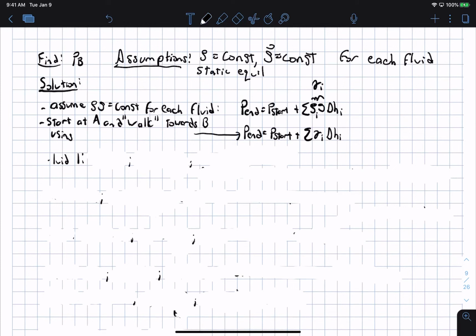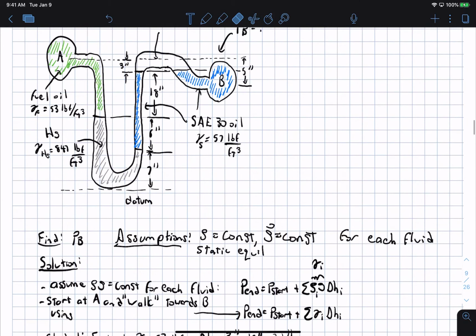And so for fluid 1, which is the fuel oil, we just write down what we know about fluid 1. We know that gamma 1 is 53 pounds force per cubic foot. And now we just start keeping tabs on the change of elevation. I'm going to scroll back up to show the diagram. The distance between here and here is 18 inches, and the distance between here and here is 3 inches. So the total height for fluid 1 is this height here.